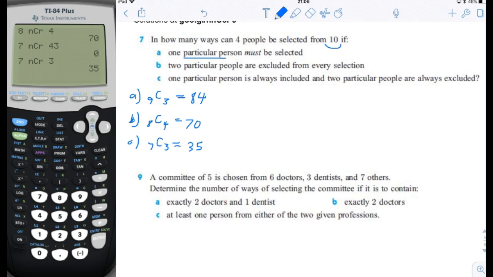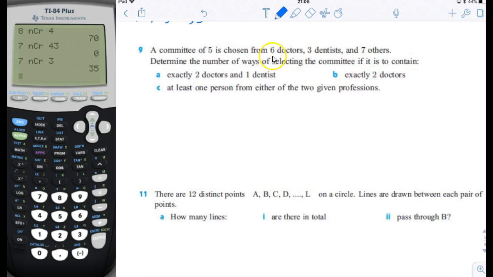Okay. A committee of 5 is chosen from 6 doctors, 3 dentists, and 7 others. Determine the number of ways of selecting a committee if it is to contain: exactly 2 doctors and 1 dentist; exactly 2 doctors; at least 1 person from either of the 2 given professions. Okay, so we have 5 spots.